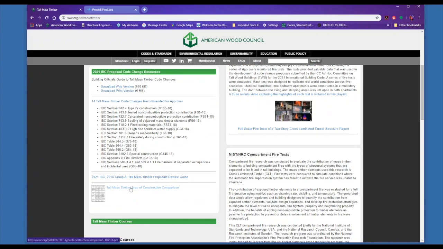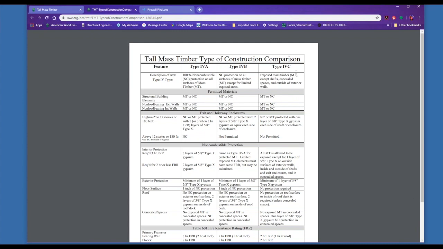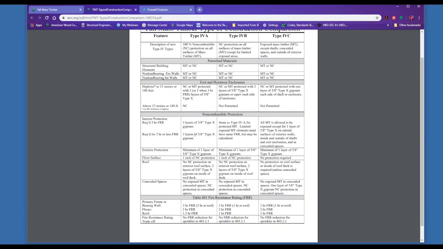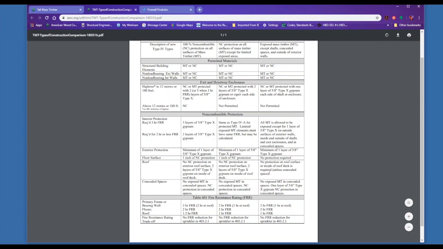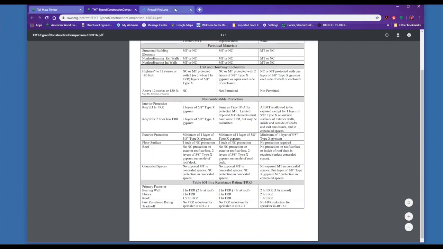And then this here is a really good document that was developed by AWC that looks at the different types of construction now in Type IV construction. So Type IV heavy timber will remain, no changes to that. But we've expanded on Type IV construction, and we now have Type IV-A, IV-B, and IV-C. It gives an overview of the information required for the different types of construction and what's allowed.